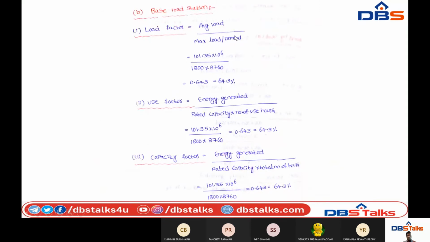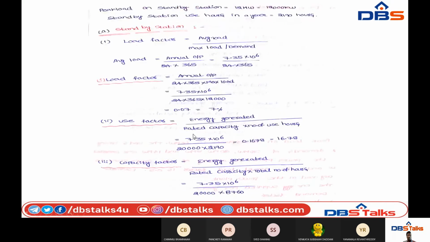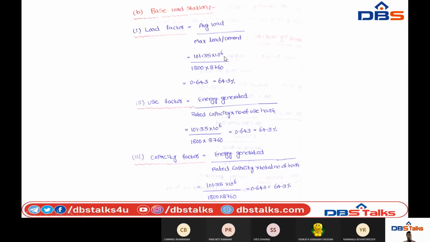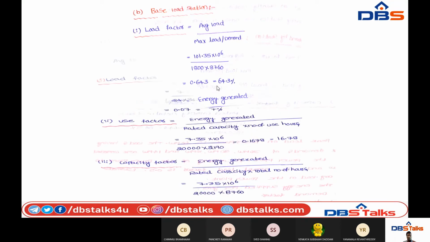Load factor is average load by maximum demand, but one change occurs in the base load station, that is the annual output. In the standby station we substitute an output of 7.35 × 10^6, but in the base load station we change it to 101.35 × 10^6, divided by 1800 × 8760.